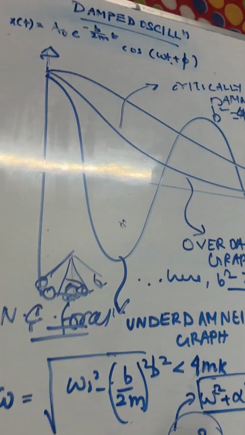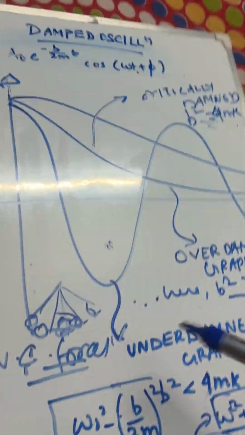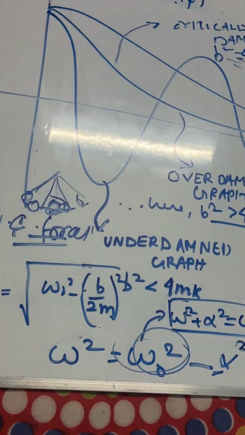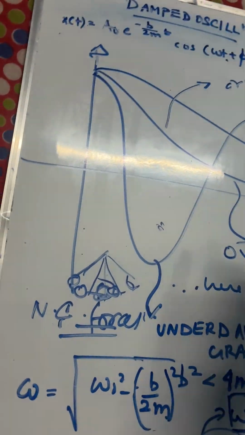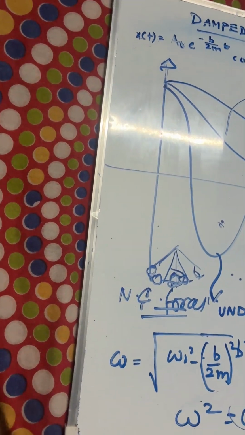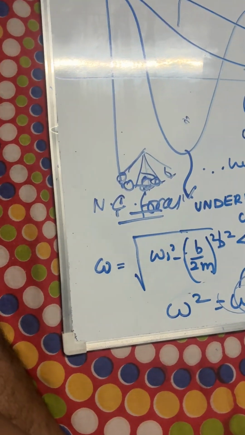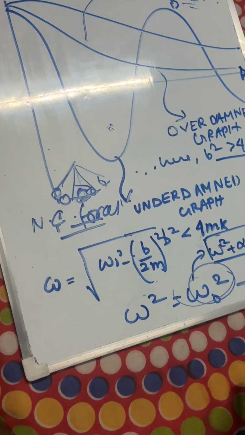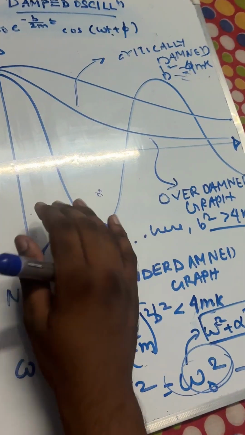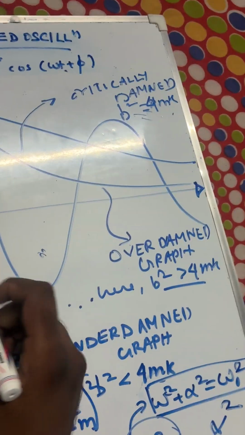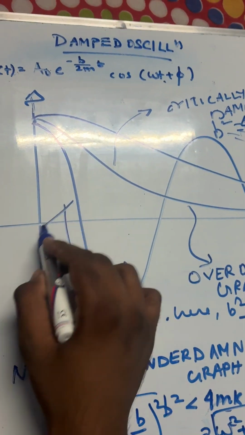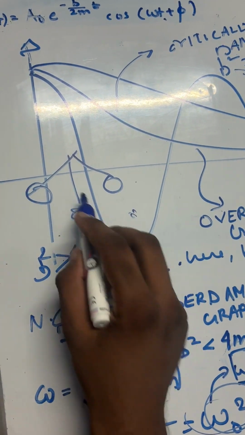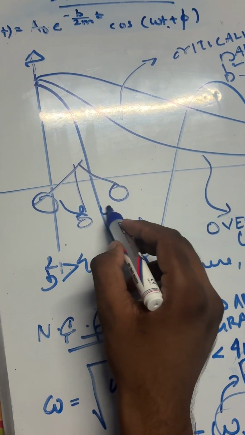And b squared equals 4mk is just the limiting case, nothing else. If the damping is very large, the mass doesn't oscillate when it is displaced. If I leave this pendulum from here and the damping is b squared greater than 4mk, it will never oscillate, it will directly come to the equilibrium position.